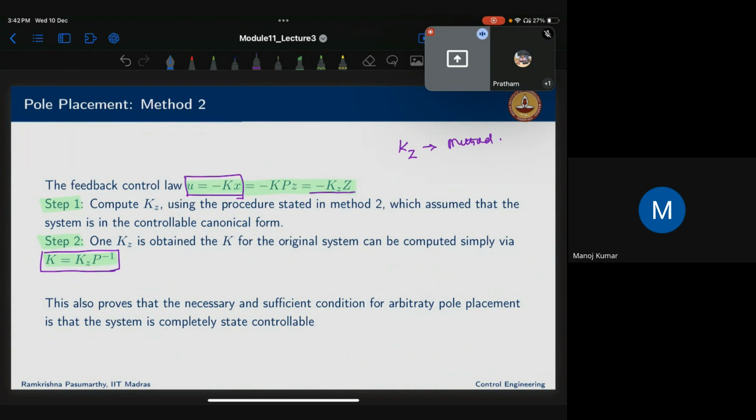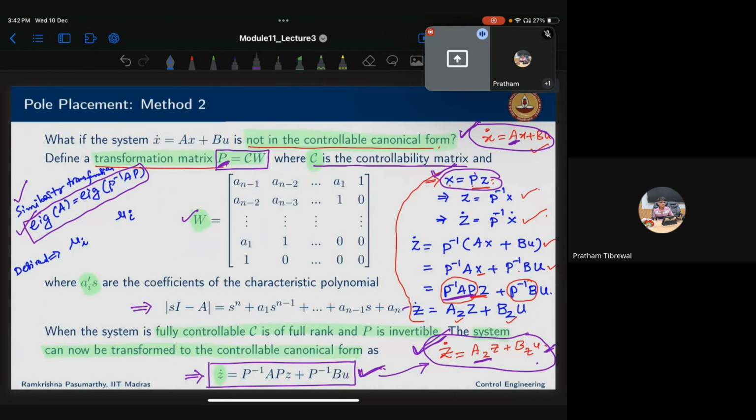Any query here? No, sir. Simply what we are doing is choosing this transformation matrix P using the controllability matrix and the W matrix, converting the given x dot is equal to Ax plus Bu, using this transformation, into a new state model with z as the state variable.